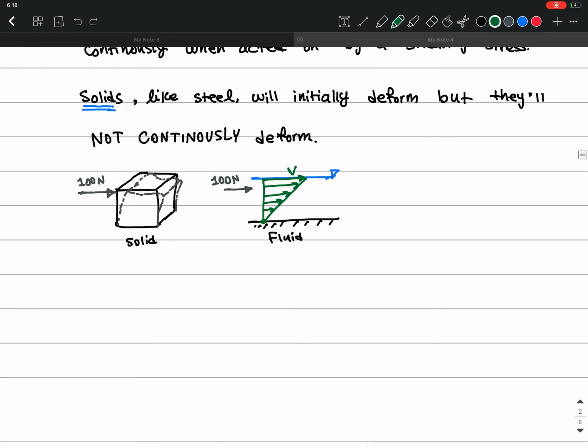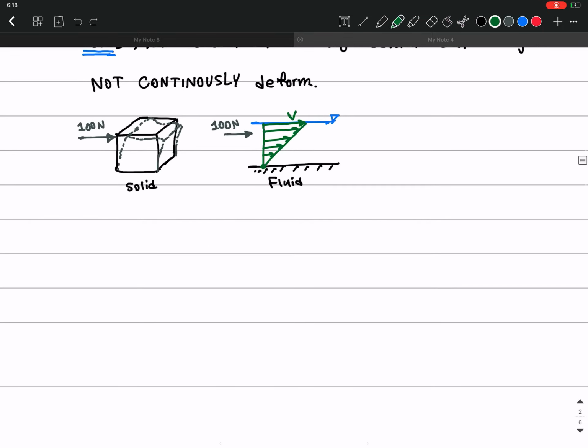So now I want to talk about another important topic after these introductions about fluids, fluid mechanics, fluids and solids: dimensions and units that we will be using in this course and are also important.